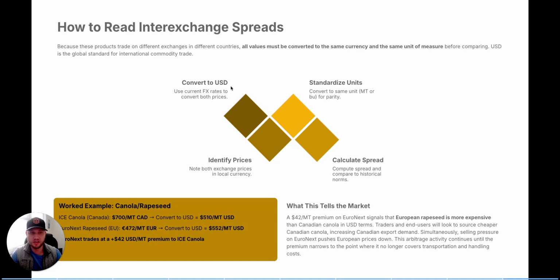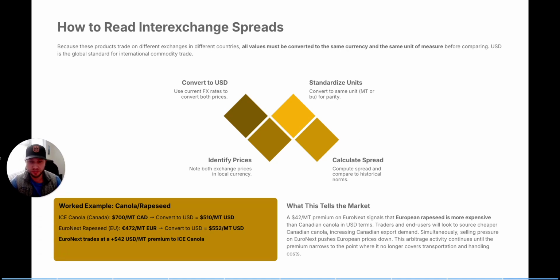Like I'm saying, the best is generally to convert over to USD. Ensure that you're using the same unit. If you're looking at bushels on one exchange, it should also be bushels on the other. If it's metric tons in one and bushels in the other, make sure you're converting them to be the same. You can choose what that same unit is, but make sure it's a unit that one of them is traded in, right? And then calculate the spread.